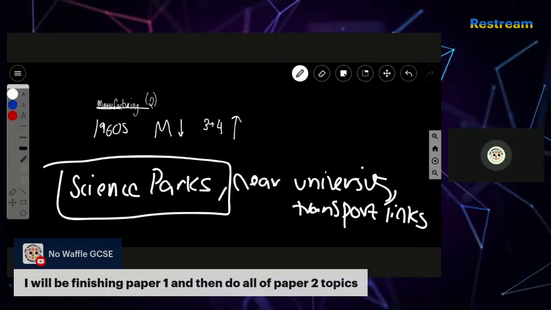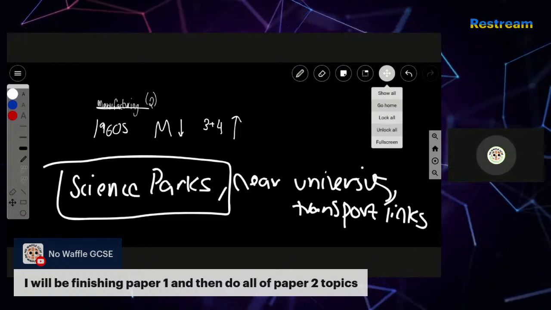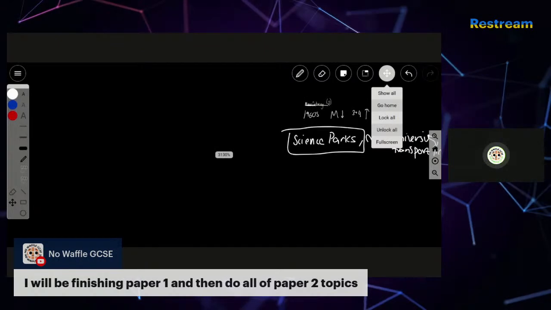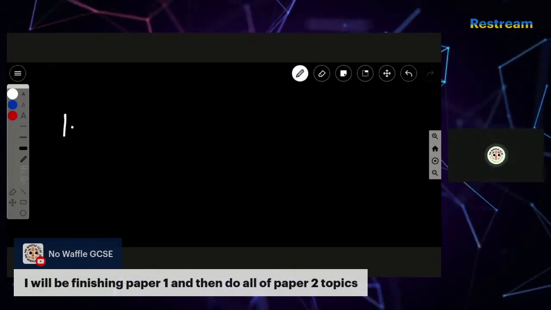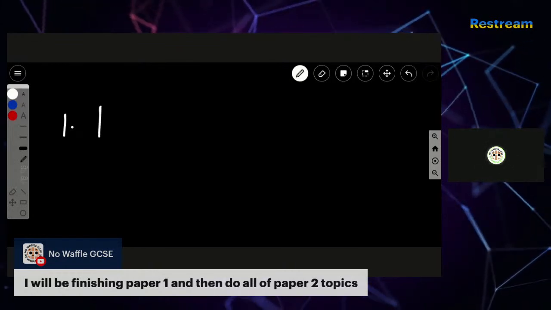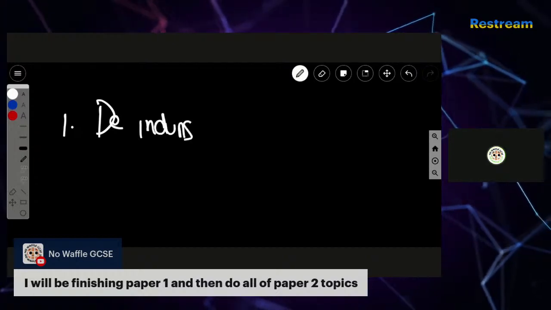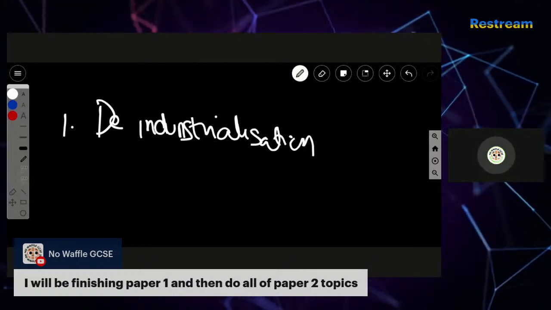Now, economic change within the UK has one of three main causes. Firstly, deindustrialization. So, this is the decline of the industries that we talked about, the decline of the manufacturing industries.